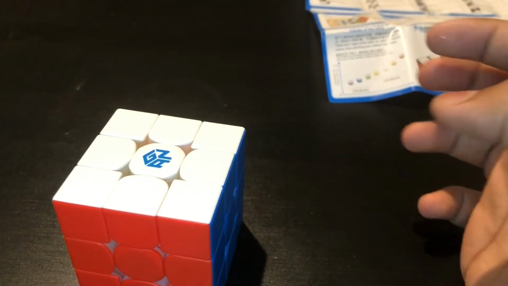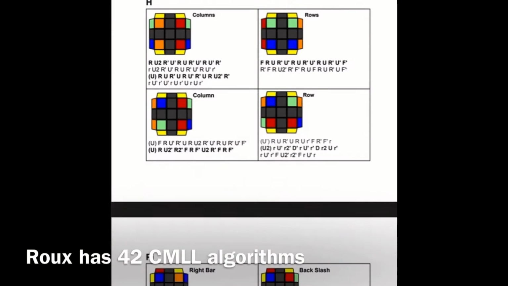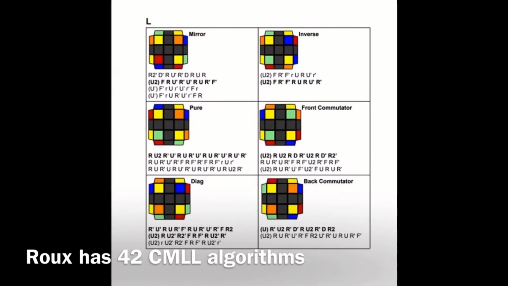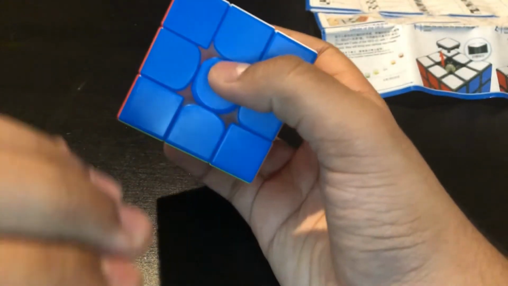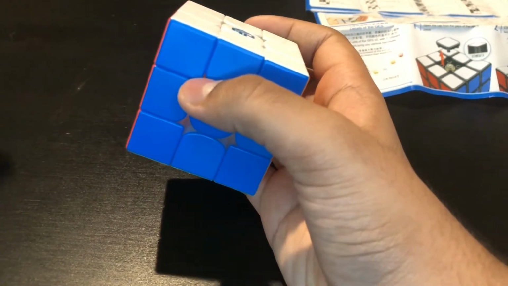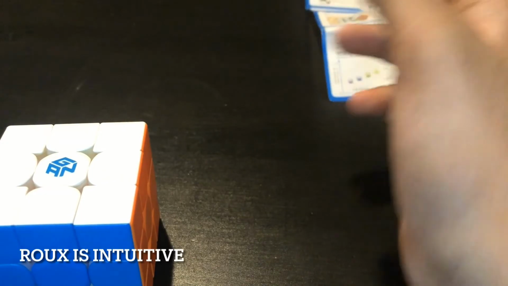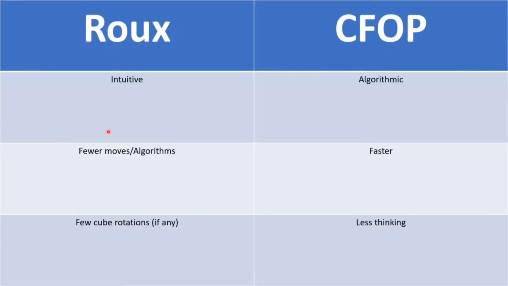Of course, Roux also has algorithms, but not as many. So CFOP is for people who want to memorize these set algorithms, whereas Roux is for people who want to figure things out on their own.